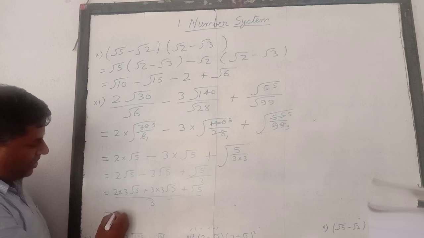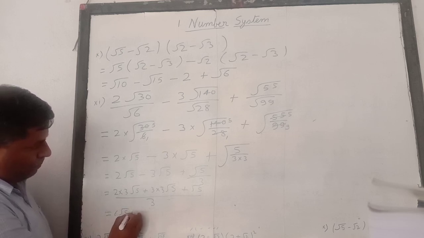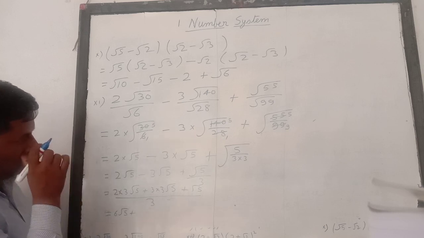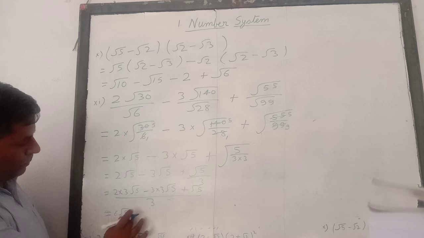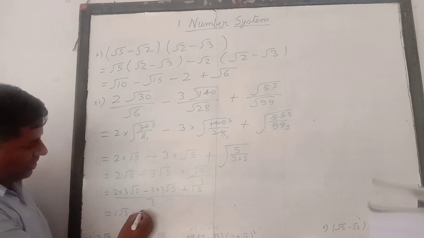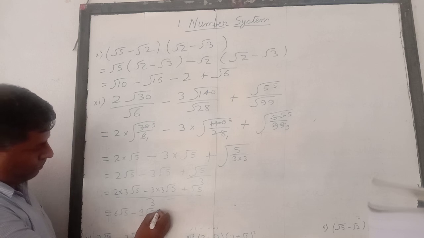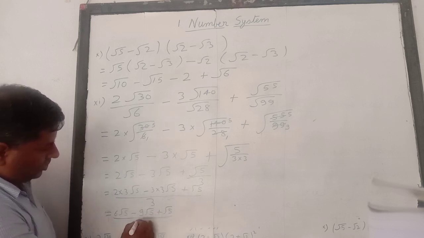So finally you can see here 6√5 minus 3 into 3, 9√5, plus √5 by 3.